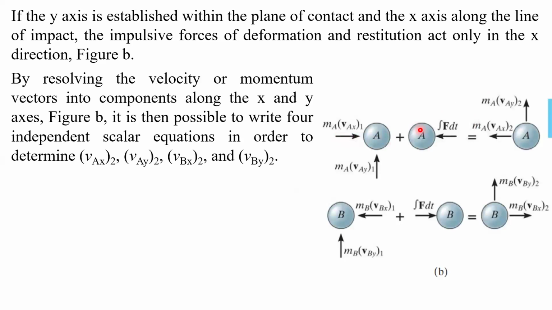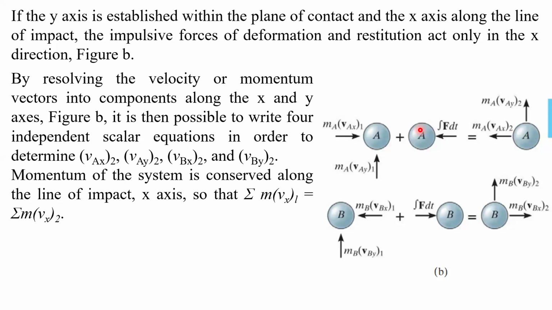So by resolving the velocities or momentum vectors into components along the x and y axis in figure B, it's then possible to write four independent scalar equations in order to determine VAX2, VAY2, VBX2, and then VBY2. Momentum of the system is conserved along the line of impact, that is x-axis, so that summation MVX1 is equal to summation MVX2.